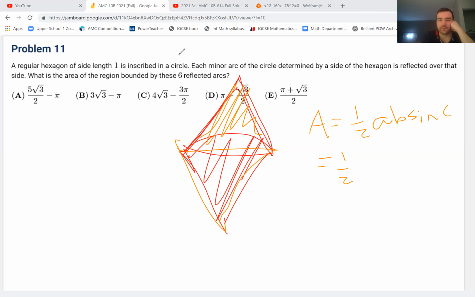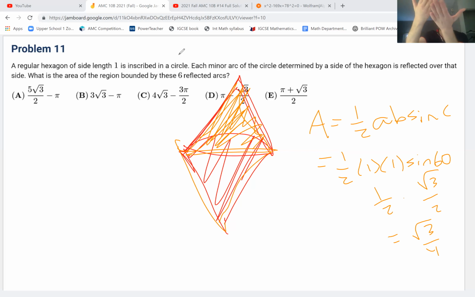So we have a bunch of equilateral triangles. All the side lengths are 1 because the radius of the circle is 1, and the side of the hexagon has side length 1. Since each angle is 60 degrees, sine of 60 is square root 3 over 2. So we have 1/2 times 1 times square root 3 over 2, or square root 3 over 4. So the area of one of the equilateral triangles is square root 3 over 4.